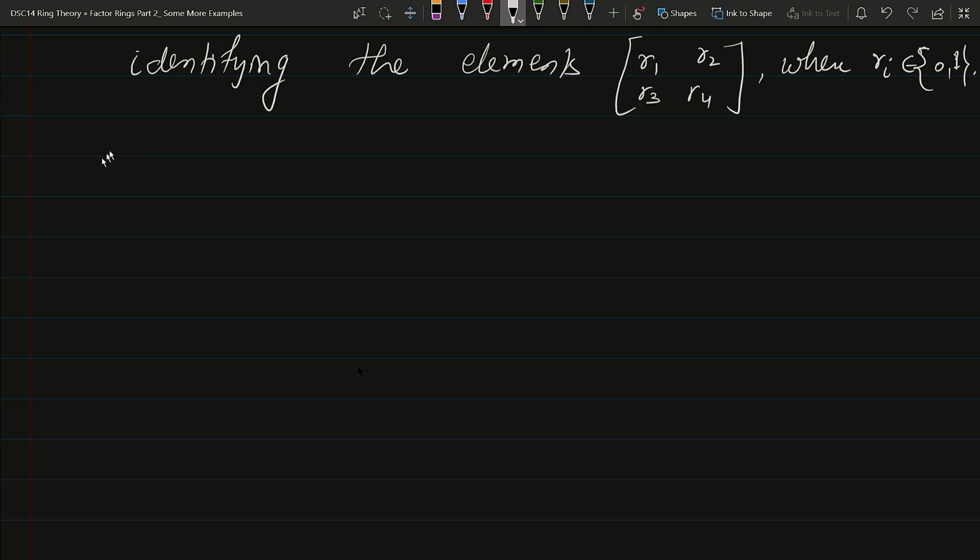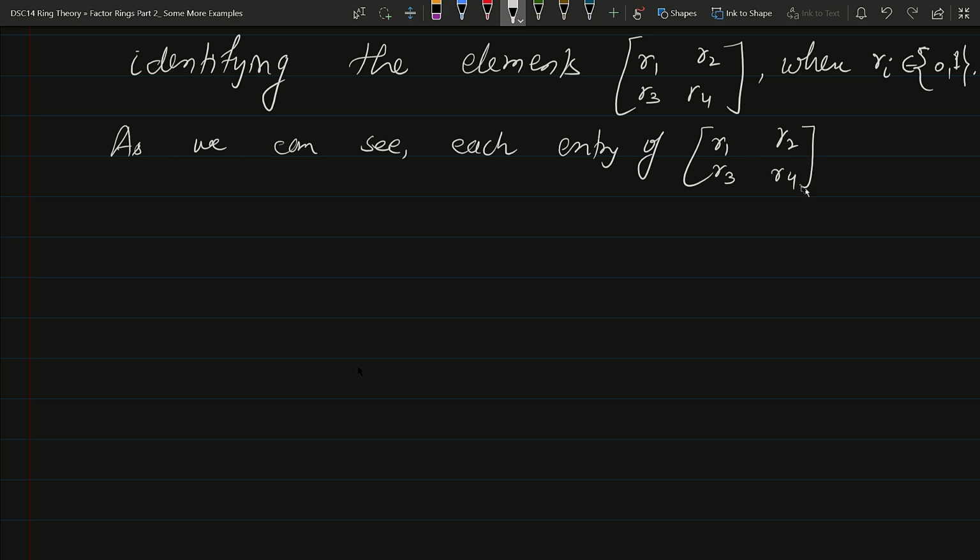Okay, so as we can see each entry of R1, R2, R3 and R4 has 2 choices.